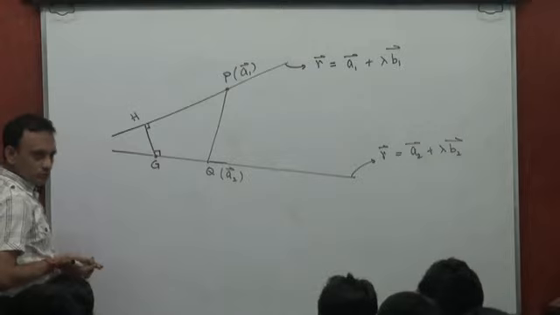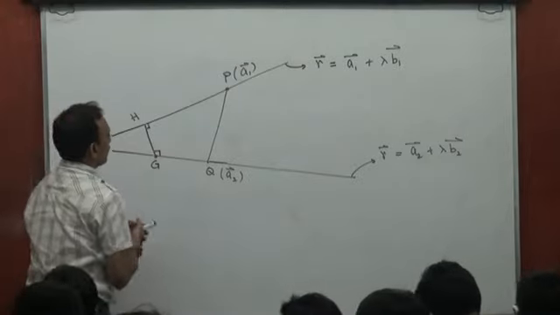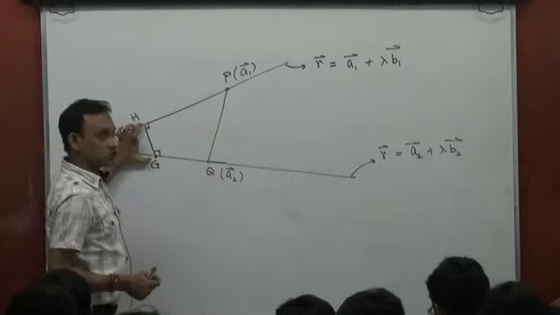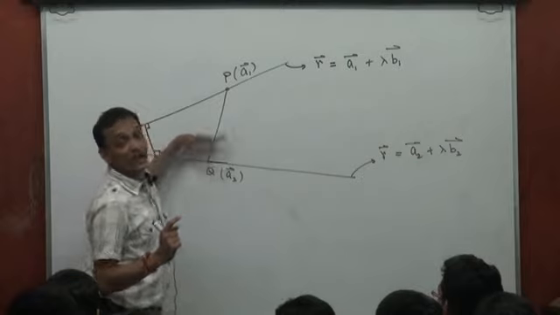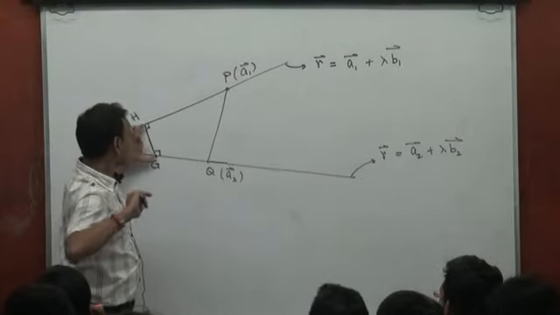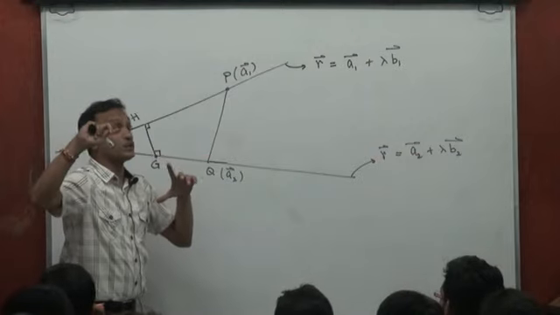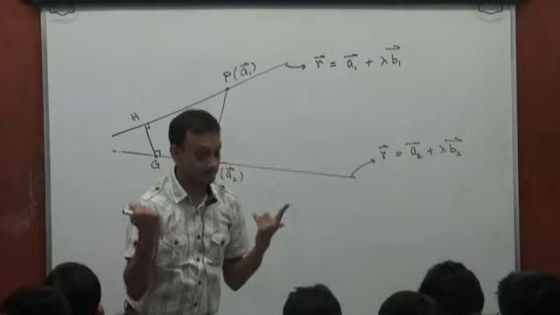Right. Now, GH is perpendicular to this line as well as this line. That means GH is perpendicular to the vector B1 and is also perpendicular to the vector B2, right?